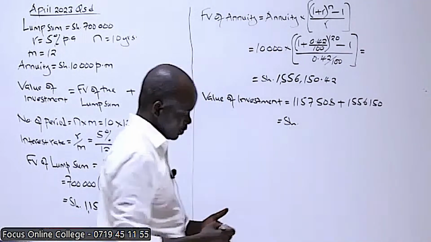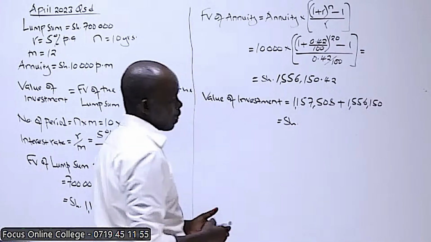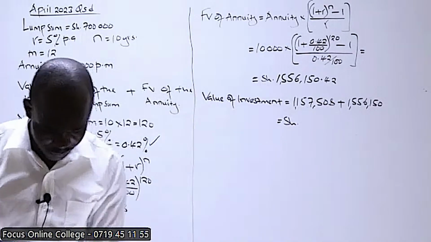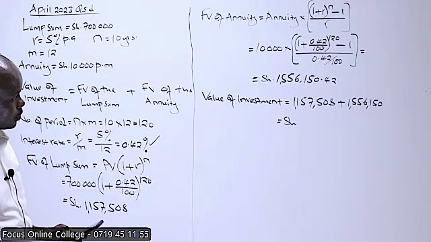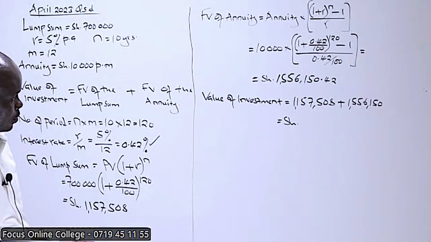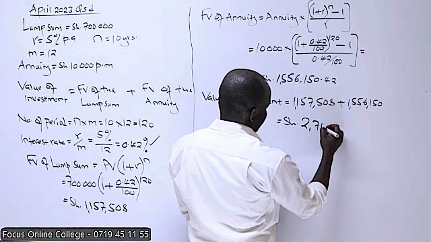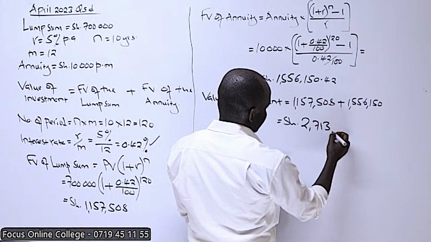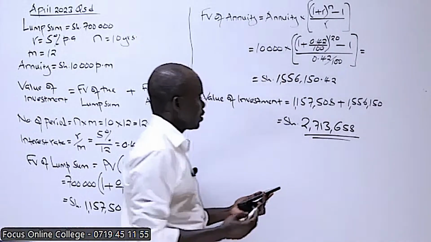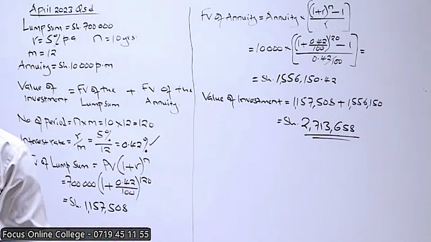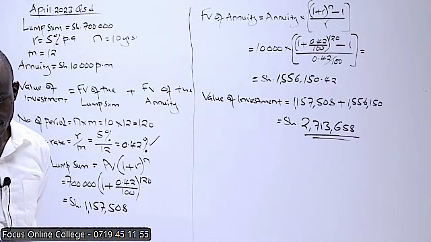Ignore the points. So this is 2,713,658.